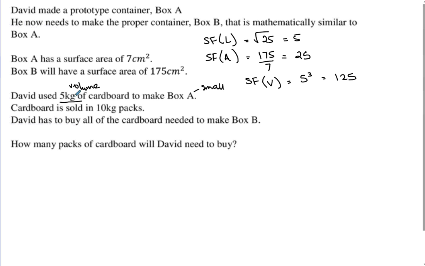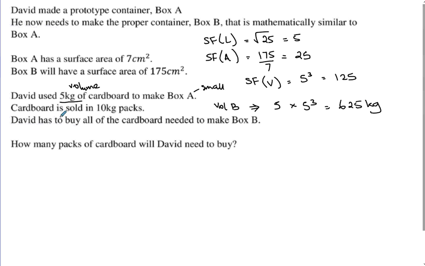Okay, so if you used 5 kilograms to make box A, then the amount of cardboard you'd need to make box B will be 5 times 5 cubed, which is the scale factor of the volume, and that would give you 625 kilograms.